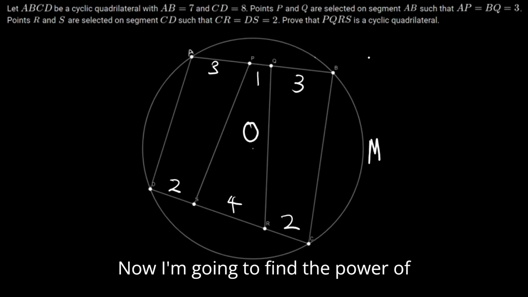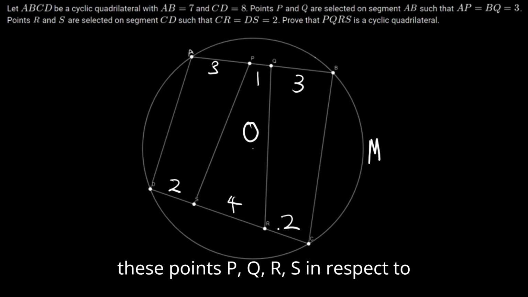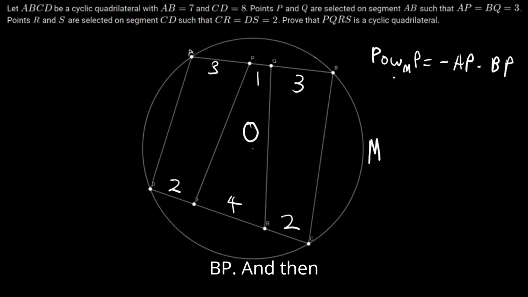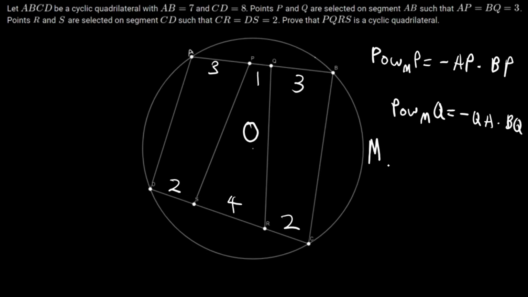Now I'm going to find the power of these points, P, Q, R, S, with respect to circle M. So the power of P with respect to circle M equals negative AP times BP. And then the power of Q with respect to circle M is negative QA times BQ.